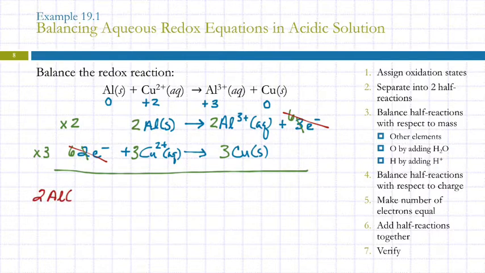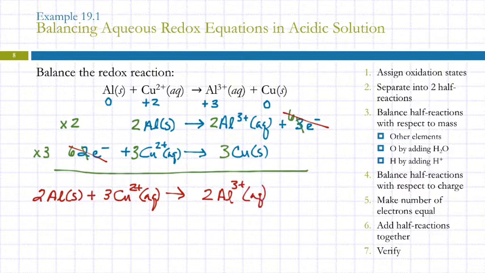Got 2 aluminum solid plus 3 copper 2+ aqueous, forming 2 aluminum 3+ ions plus 3 copper atoms.